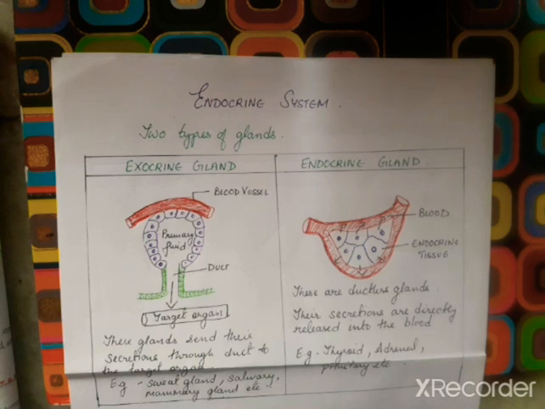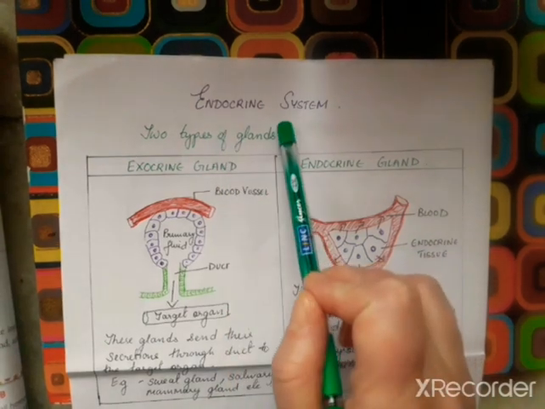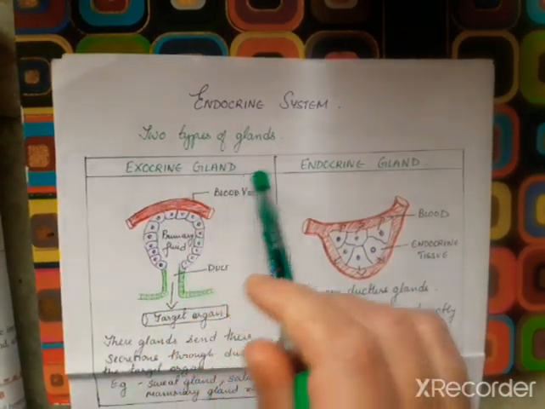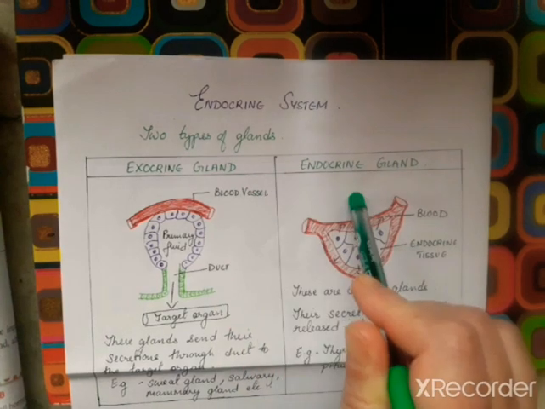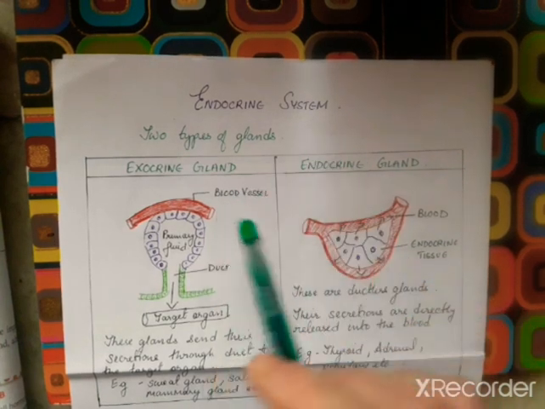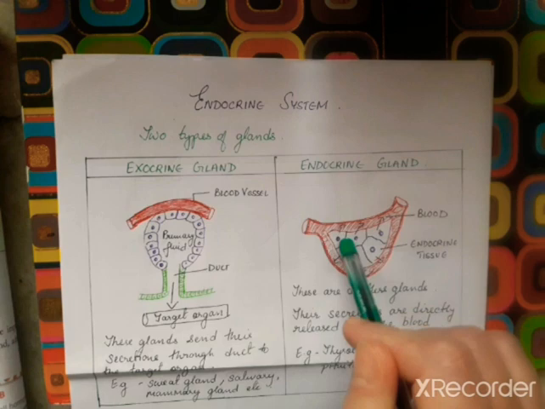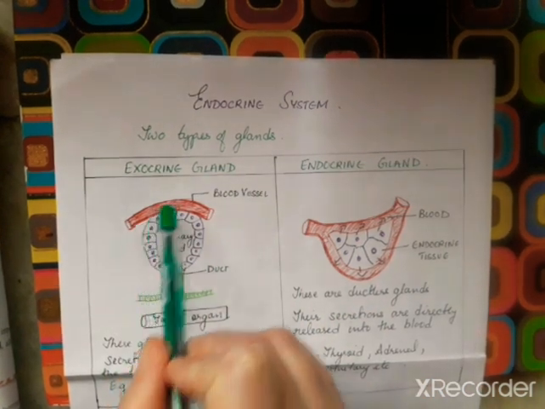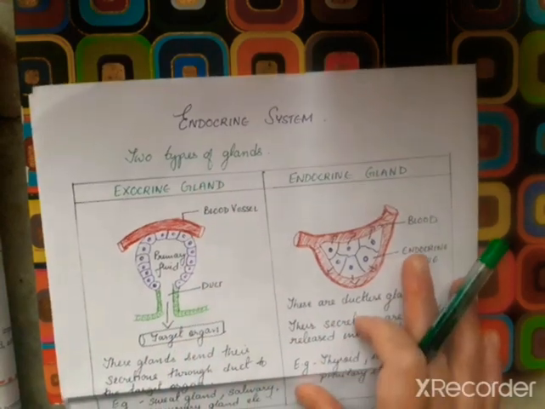Okay, so in our body there are two types of glands present, which are known as endocrine gland and exocrine gland. Let us first see what an exocrine gland is.